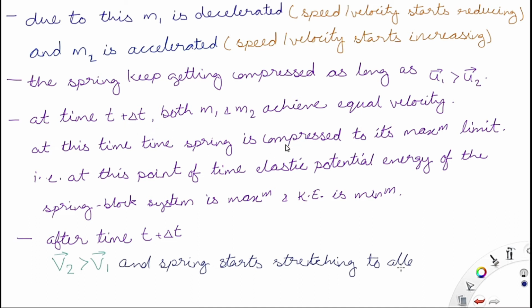After that time, v2 is greater than v1, because v2 was accelerated and v1 was decelerated. That's why v1 gets reduced and v2 gets increased. So after a time interval of t plus delta t, the spring starts stretching to attain its natural length.